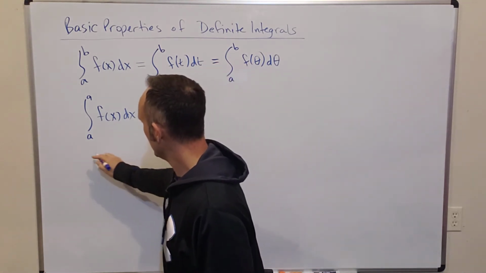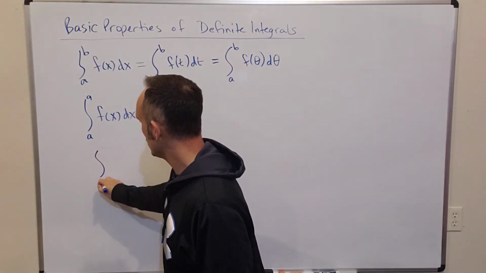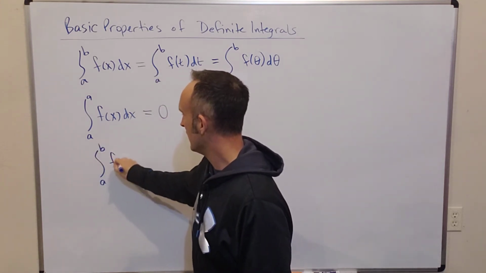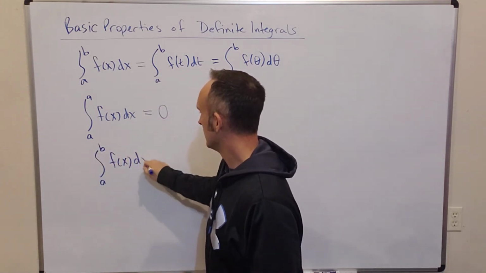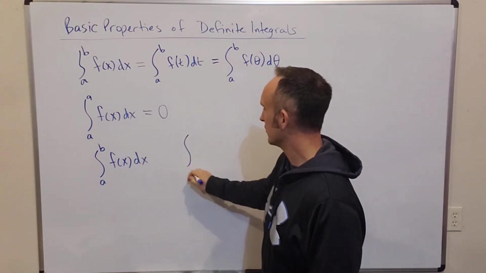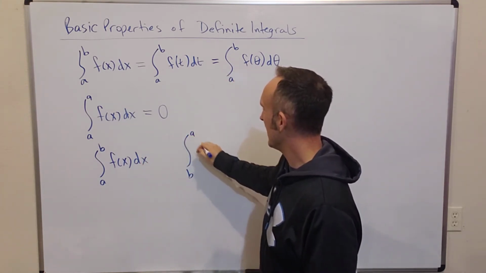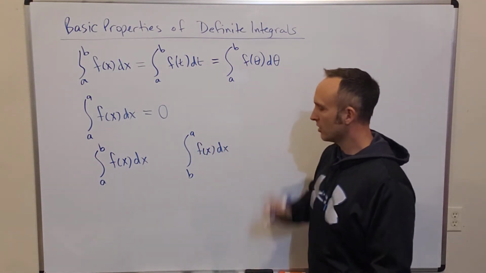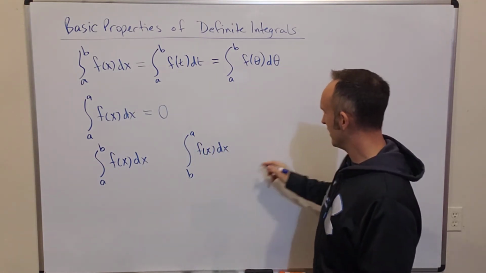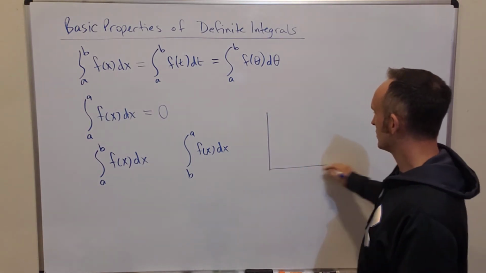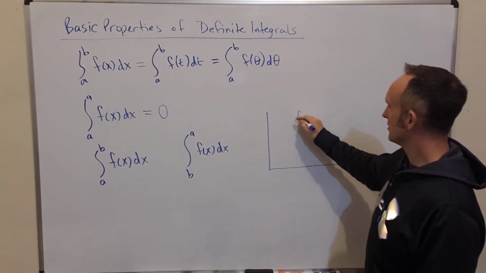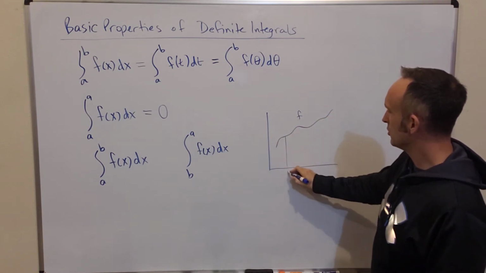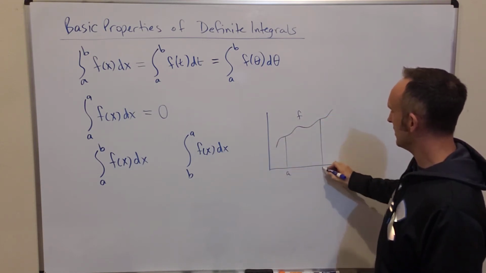Now this next one is interesting. We're going to look at the relationship between the integral from a to b of f of x compared to the integral from b to a of f of x, okay? And so if we look at this, and for simplicity, let's assume that this is our f function, and let's assume that a is less than b.